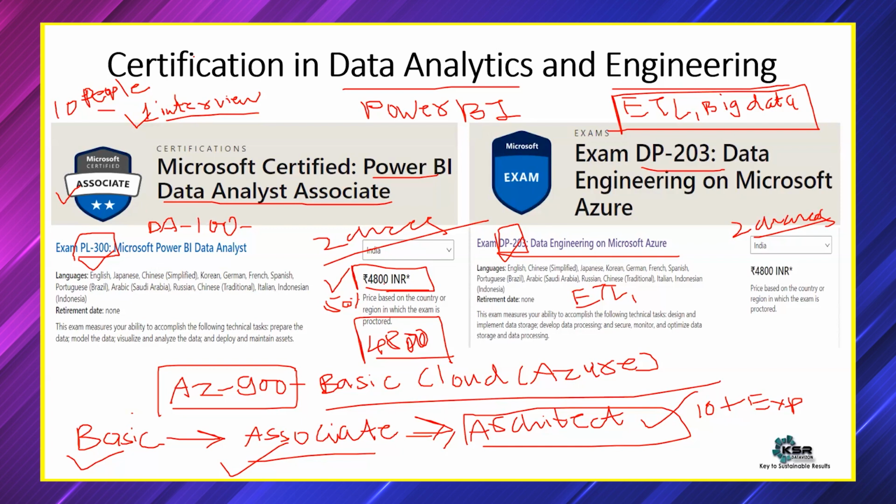You have to work on it. Or probably you also have a question: can we clean the data we are getting from SAP, store it somewhere, and then connect it to Power BI? That also we are going to cover. The basic engineering stuff is also going to be covered in this course. Whatever is required for reporting, and prior to that whatever is required for cleaning and processing, all those concepts would be covered. Okay.